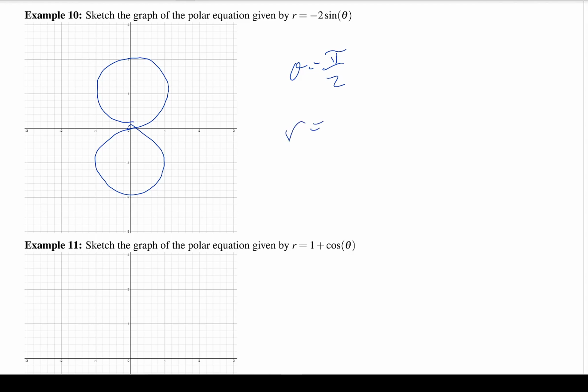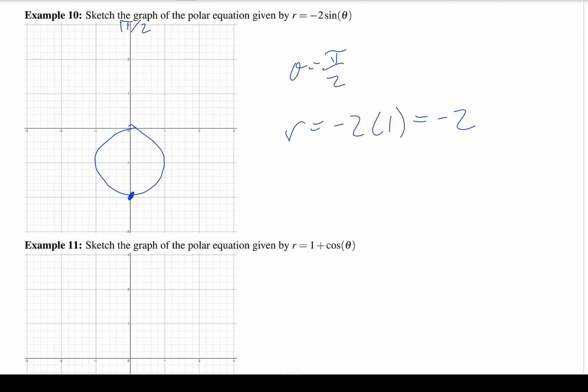Then I would get r equals negative 2 times 1, which gives me negative 2. Notice pi over 2 is up here, so I would travel in the opposite direction since I have a negative radius. So the circle we want is the one with the point down here.